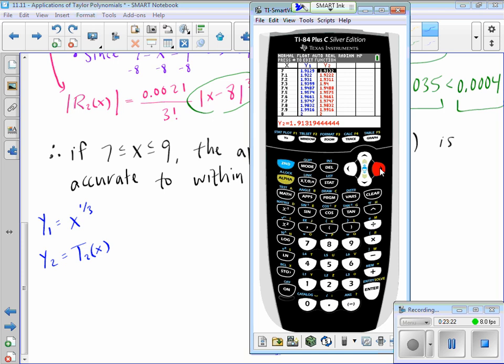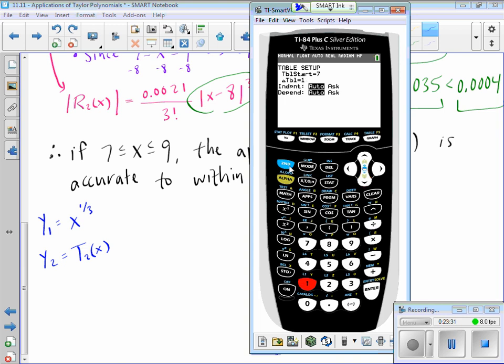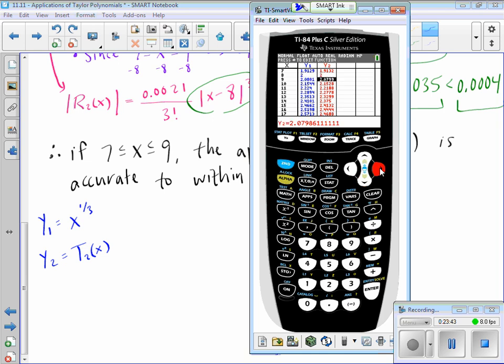What could you do with those two y values? Subtract them, okay? And then couldn't we do the same thing at 9? So I'm just going to go by 1 so I can see both of them at the same time. You could do the same thing at 9, because the further away you get, the less accurate that approximation is. So I would check at those endpoints, and subtract those y values.